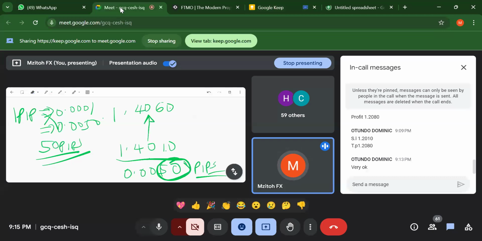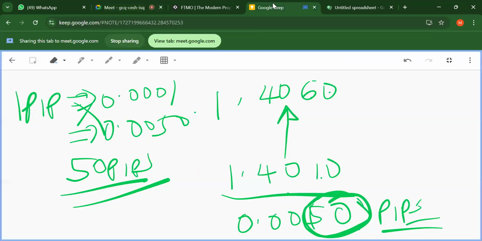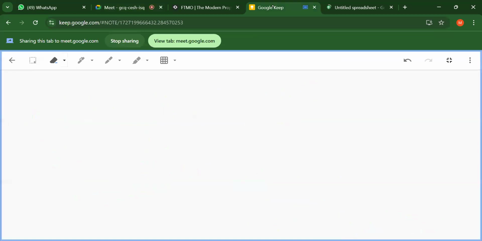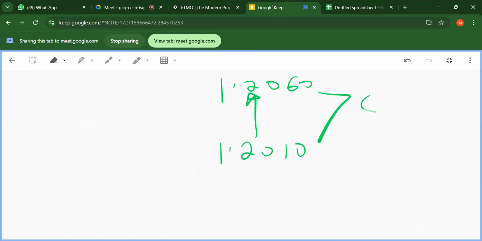Now let's continue from where we were before we go to the live markets. Today we'll be covering the practical point of everything. So again, if you know how to calculate pips, or you know how price movement happens, let's say it has moved from 1.2010 to 1.2060. We have said that is around 50 pips when you subtract.